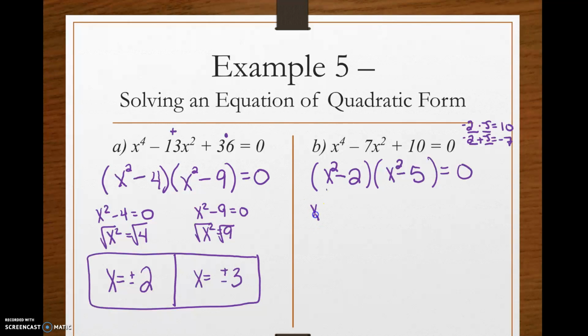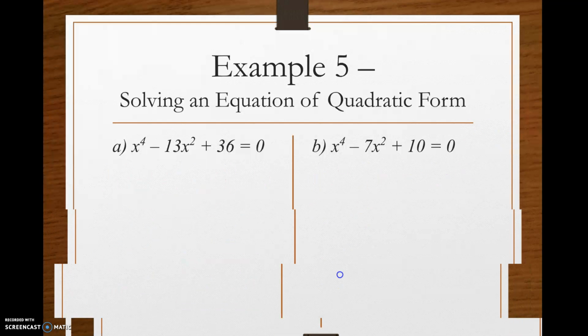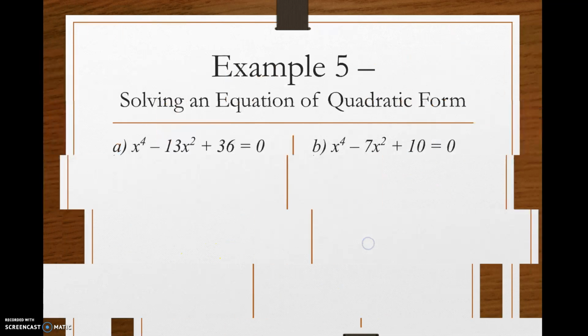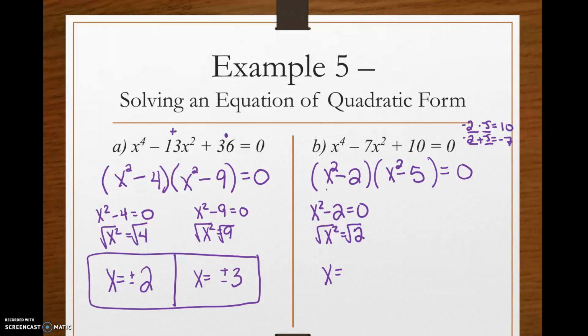When we solve this, we've got x squared minus 2 equals 0. We'd add 2 to both sides and then take the square root. Do you know the square root of 2 off the top of your head? It's not a perfect square, so it's some crazy decimal. We don't want decimals, so we write plus minus and leave it as the square root of 2.